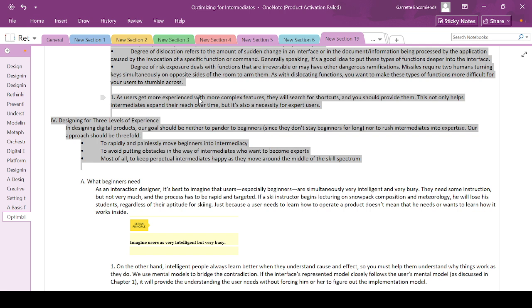As users get more experience with more complex features, they will search for shortcuts, and you should provide them. This not only helps intermediates expand their reach over time, but it's also a necessity for expert users.